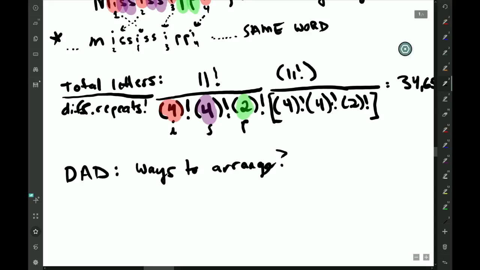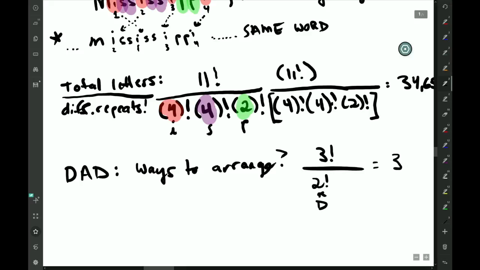There are 3 total letters. D repeats twice. So that's for your 2 D's. And A only repeats once, so you don't have to even include that. But 3 factorial over 2 factorial is really just 3. So there's only 3 different ways you can arrange that. So if you do type that in, you get that there.